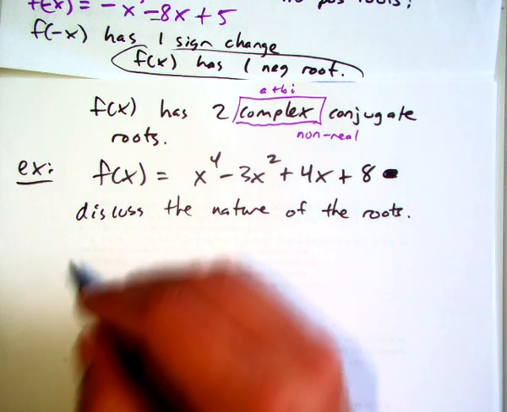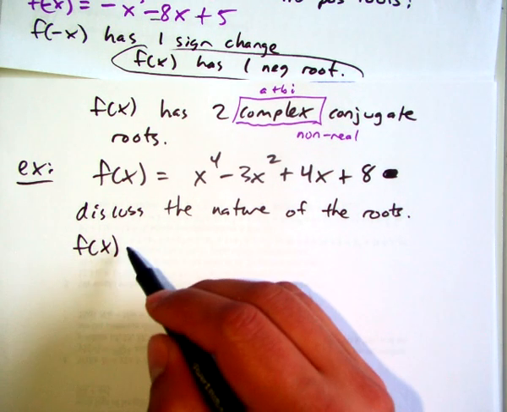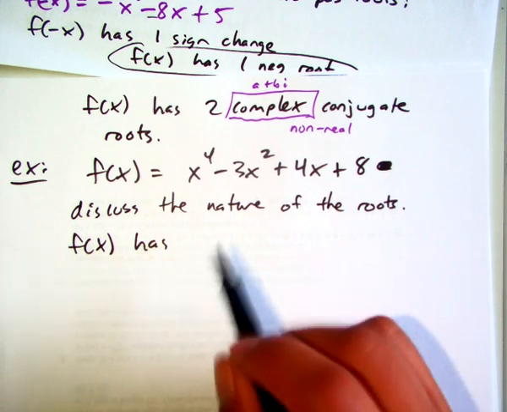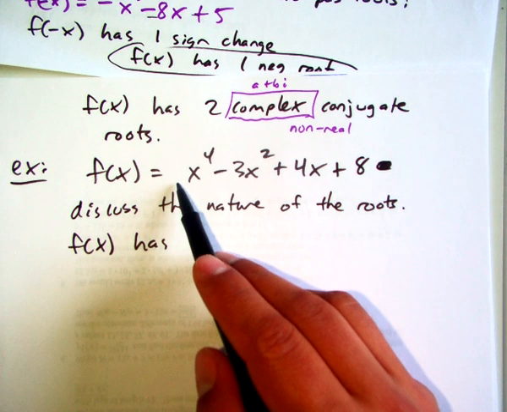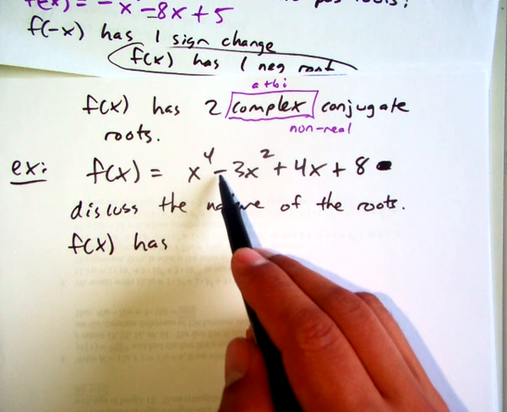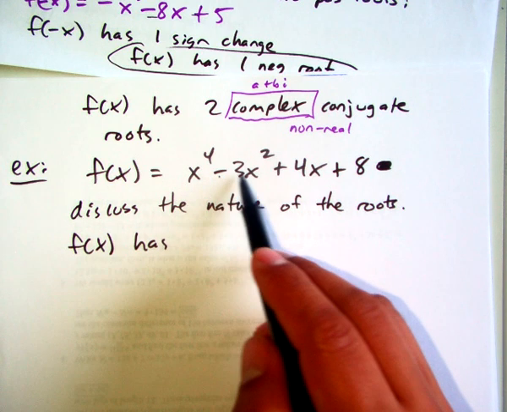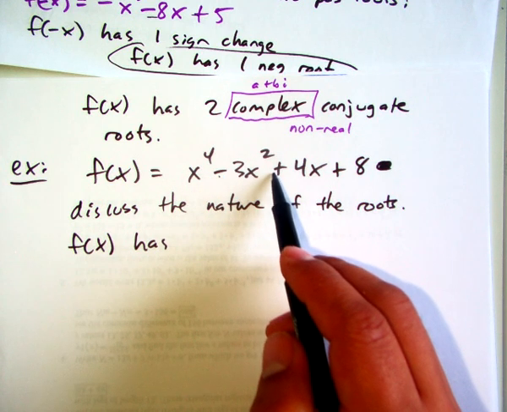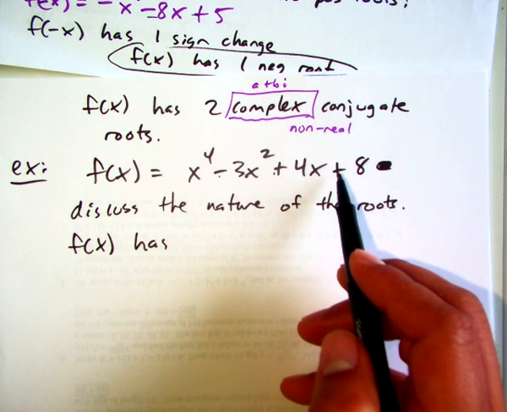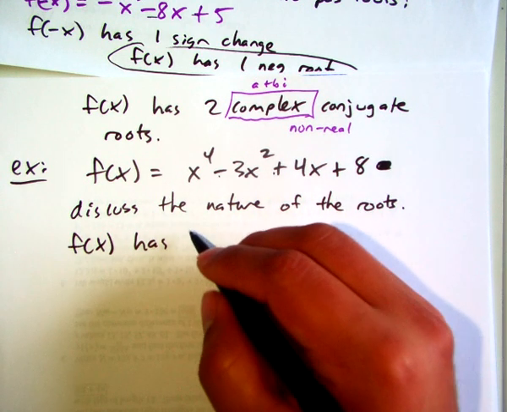So we'll start by looking at f of x. We have a positive to a negative, so that's one change. Negative to positive, that's 2 changes. Positive to positive, we're good. So f of x has 2 sign changes.